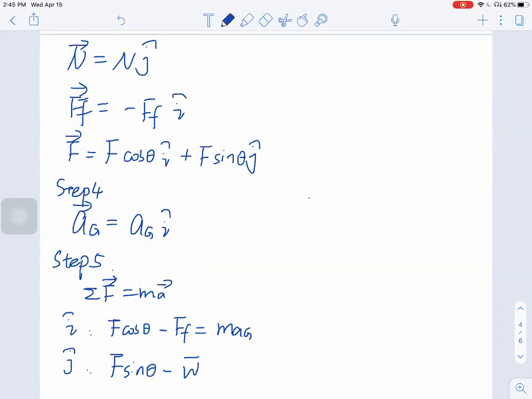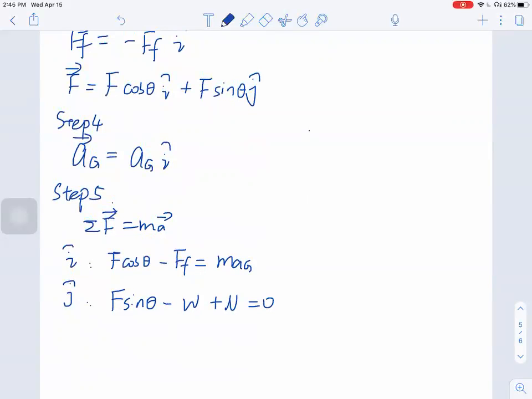Oops, excuse me, we shouldn't have that vector notation since here we've already broken down to i and j. Plus normal force equals 0. So now we have 2 equations.